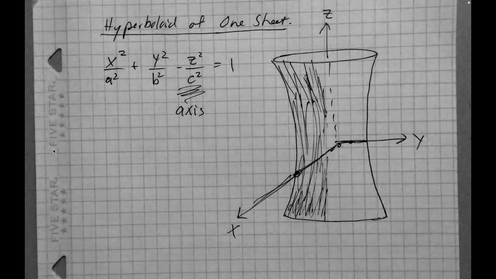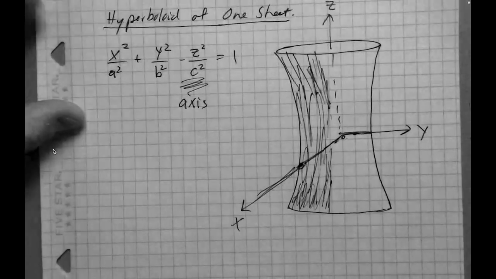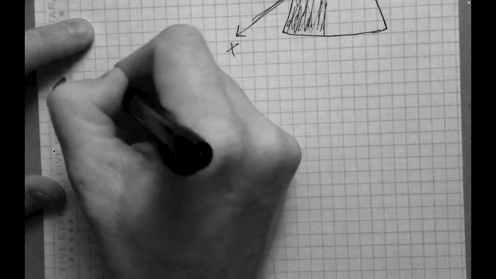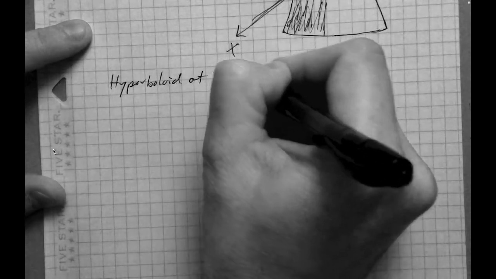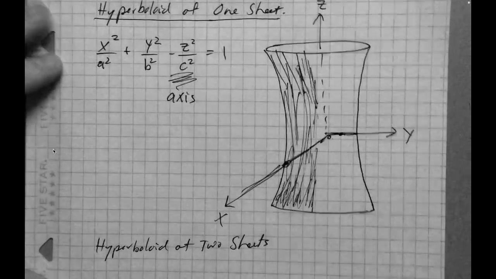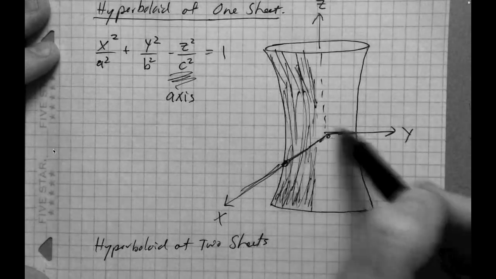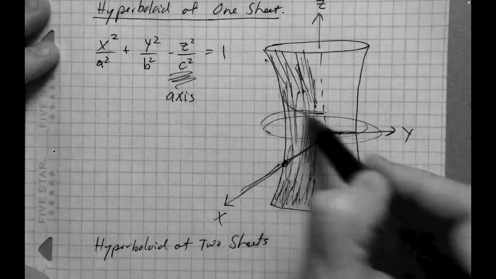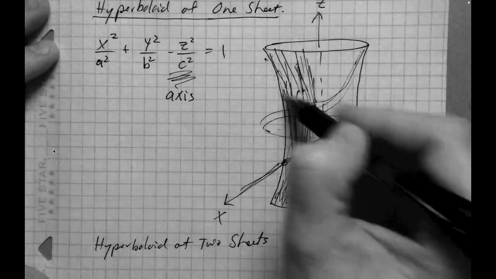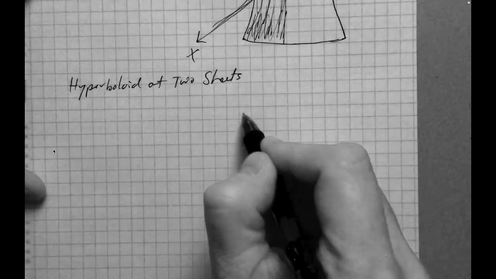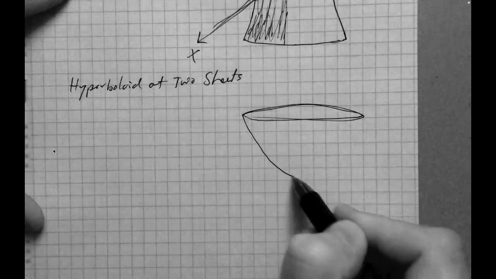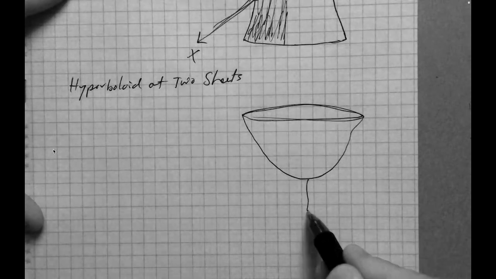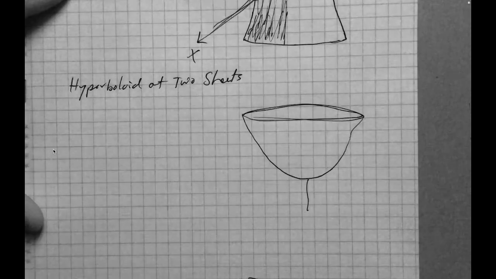So what's the difference between this and the next one, which is called a hyperboloid of two sheets? Well, the hyperboloid of two sheets looks real similar. What you can imagine is that this central region is going to kind of close off, and the surface is going to sort of pull back on itself. So the hyperboloid of two sheets looks like this on top, but then it comes down and closes off, but then you do have this corresponding lower section.